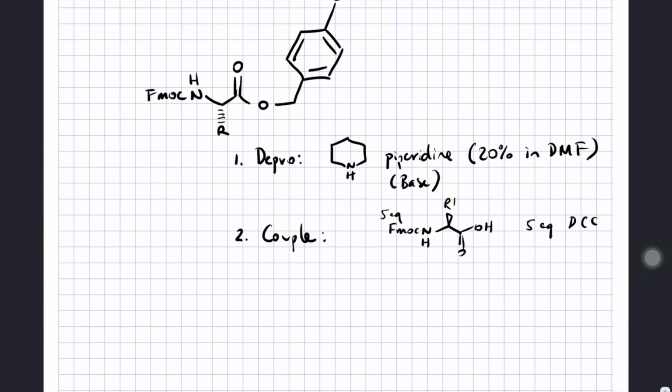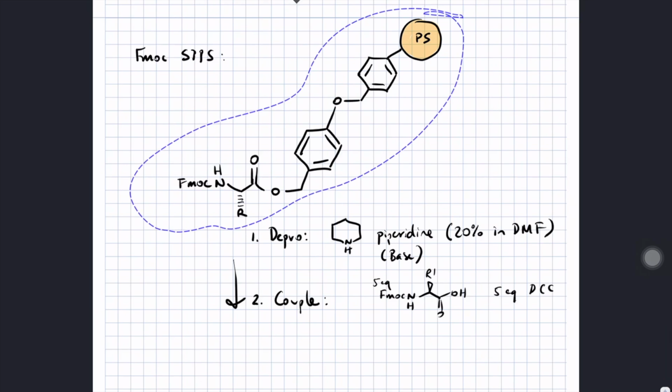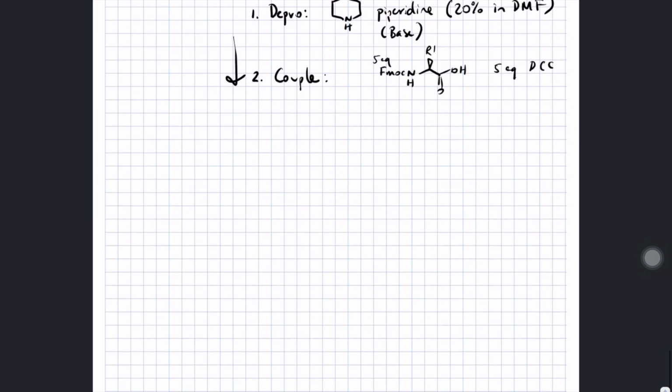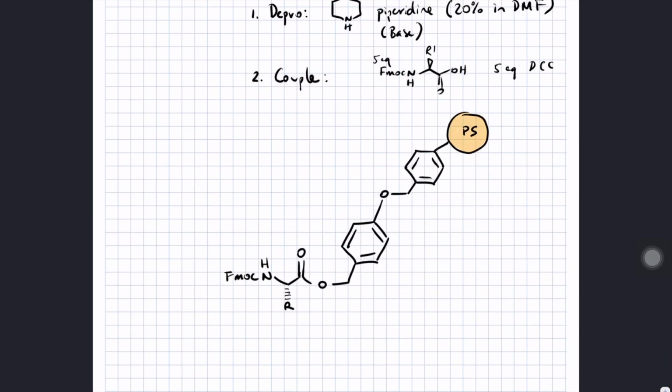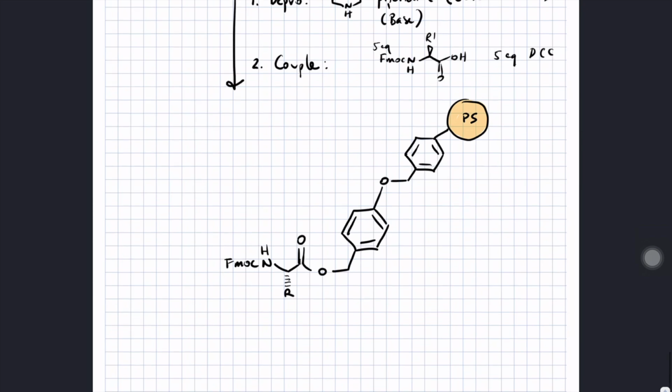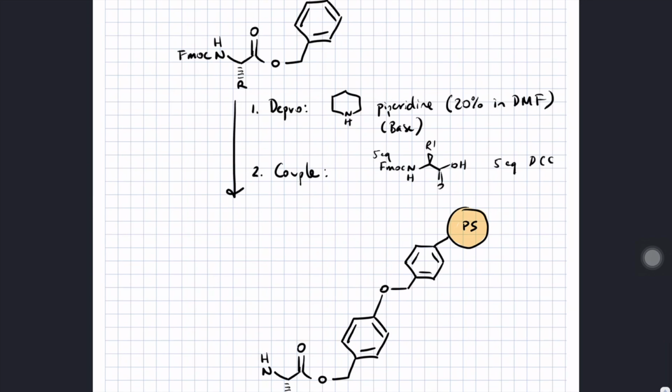And once we've done that, we're going to do that in exactly the same way as we did above with Boc chemistry. We're going to do the rinsing, stirring, washing of the resin. That will allow us to attach a new amino acid to our green amino group via an amide bond.